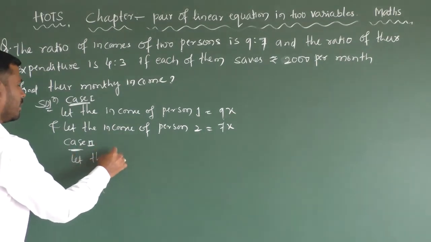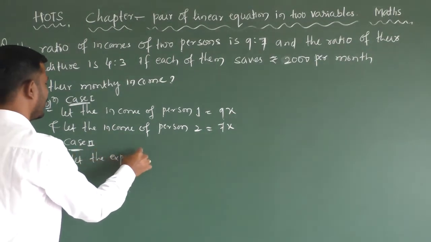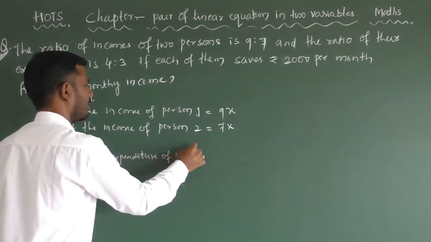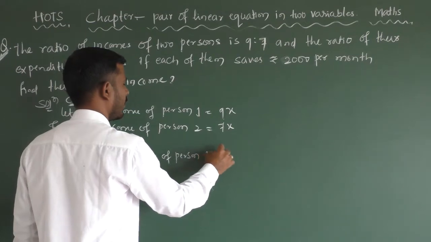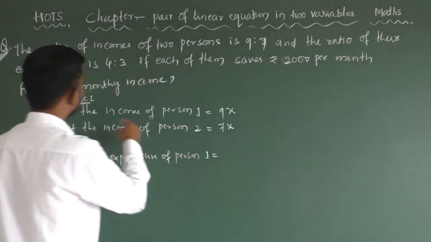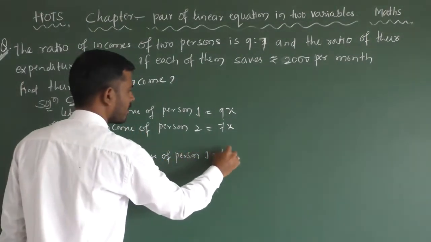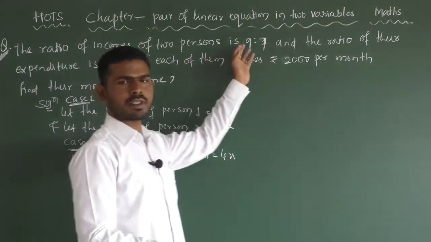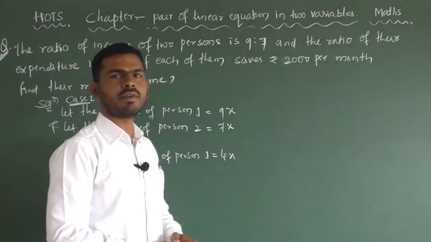In case 2, let the expenditure of person 1 be 4x. First one is person 1, second one is person 2. Here also, first one is person 1, second one is person 2.